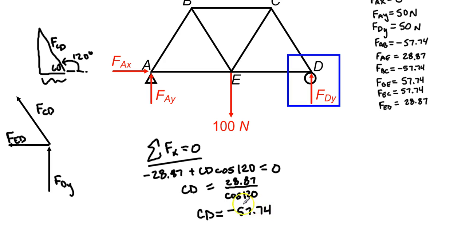Again, a little alarm bell should go off. That's a negative force, so that thing is going to be under compression. That's the last thing that we need to solve for. So we're going to add this to our list, and I'll do that here on the next page, and then the last piece of this is we need to figure out what is under tension and what's under compression.